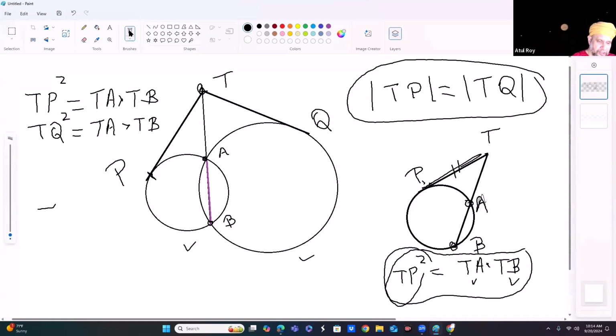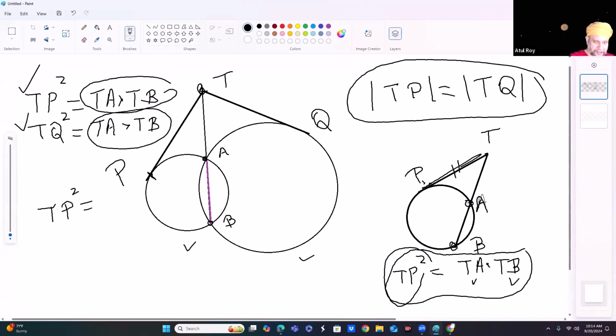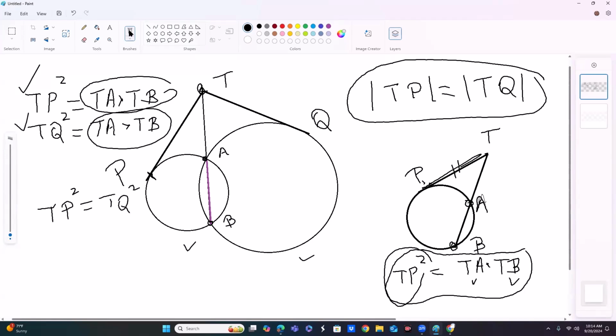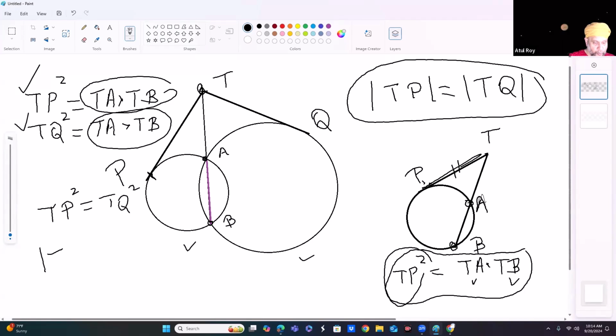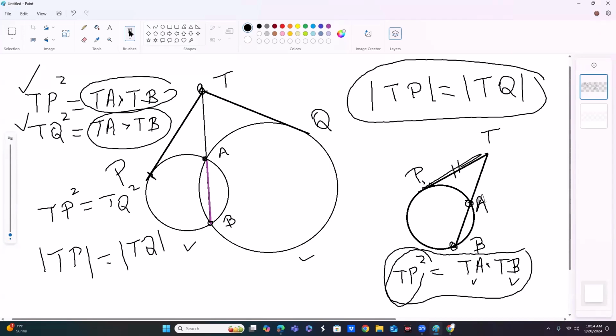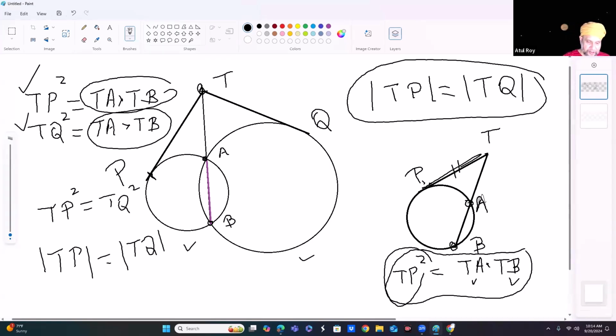So TP square and TQ square are the same quantities, right? So their non-negative square roots will also be the same. Do you understand what I said? So if I take the non-negative square roots, do you think this is done?